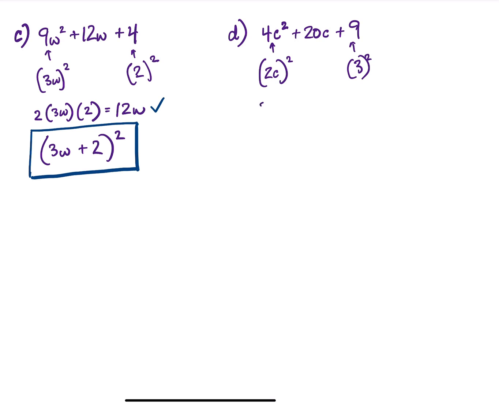So I'll see if I do 2 times 2c times 3, do I get 20c? Well, this will give us 12c, which is not equal to 20c. So that means this can't be factored using this method. It is not a perfect square trinomial.